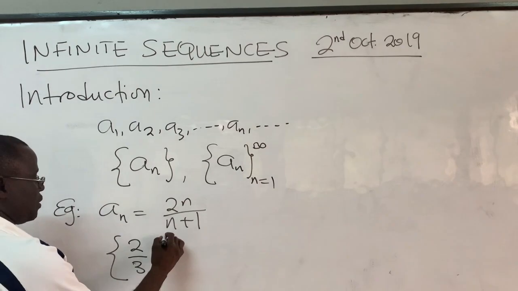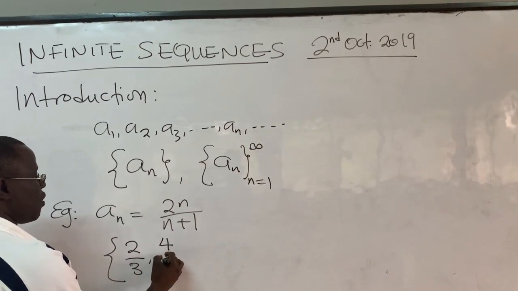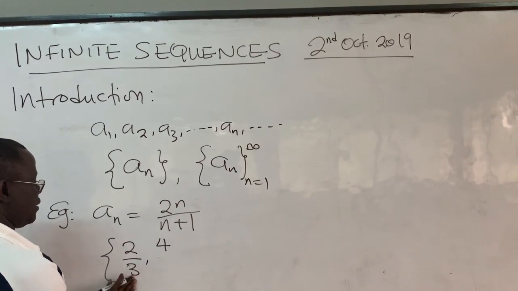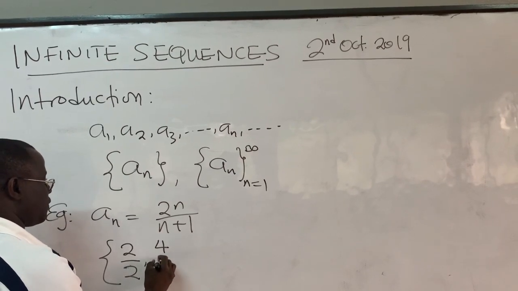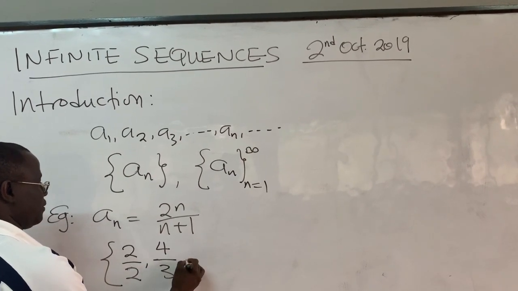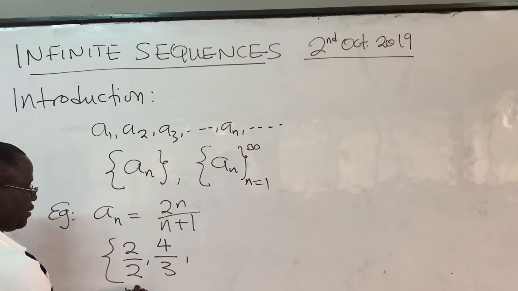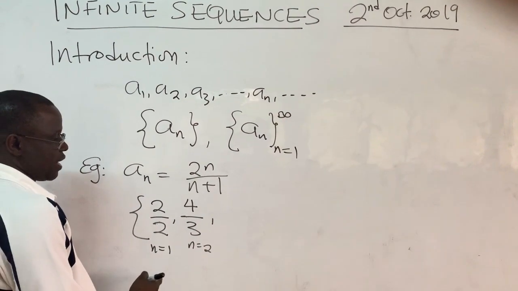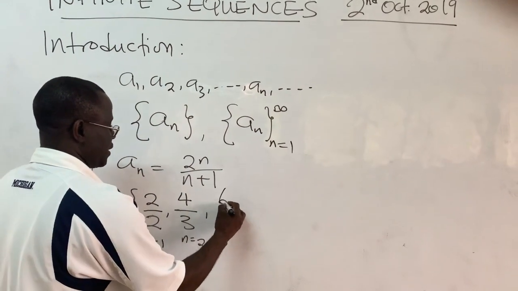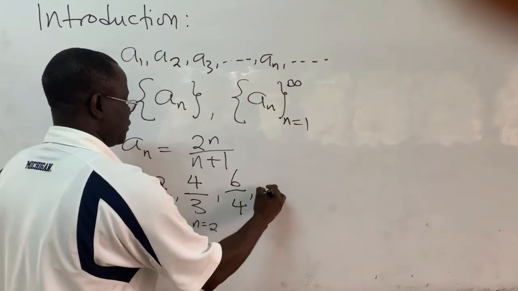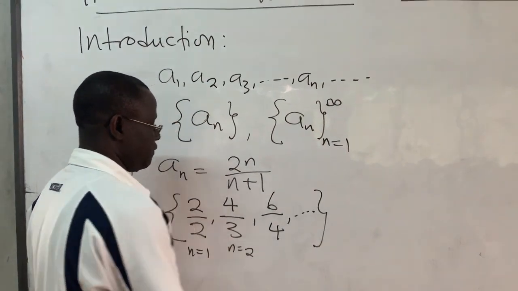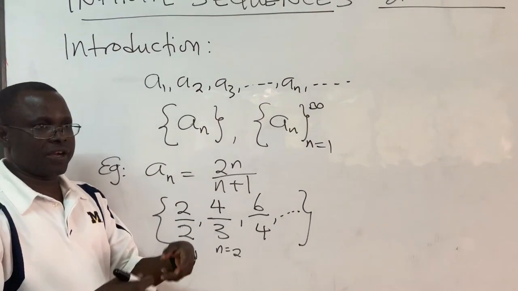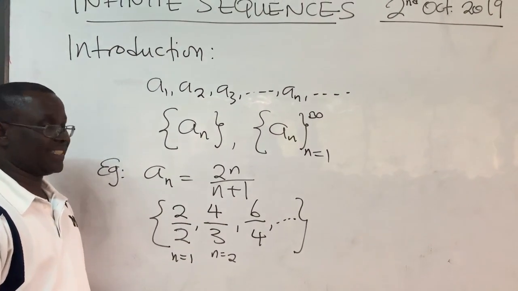If n is 2, you have 4 over 3. When n is 3, you're going to have 6 over 4, and so on to infinity. So these give you the different terms of this given sequence.